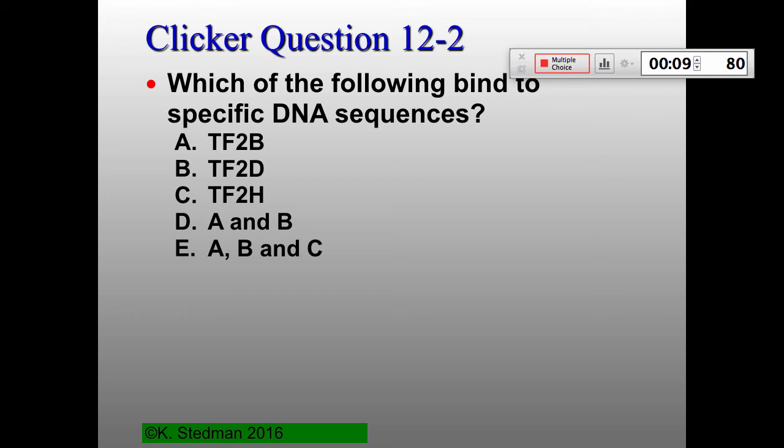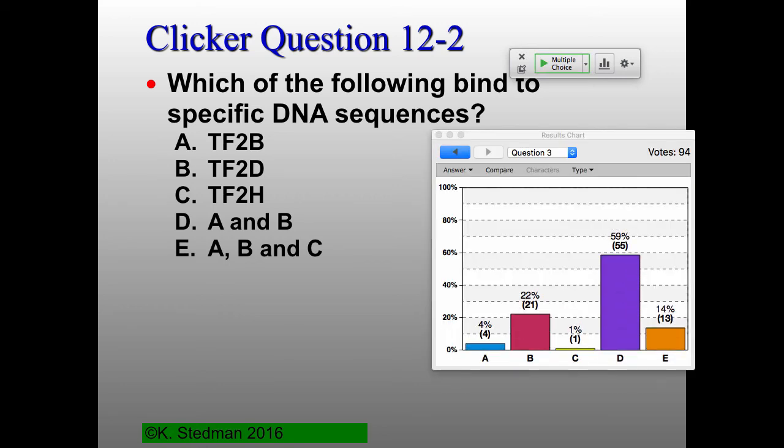Ten, 5, 1, 0. What do we think? We think D. What do I think? I think D.